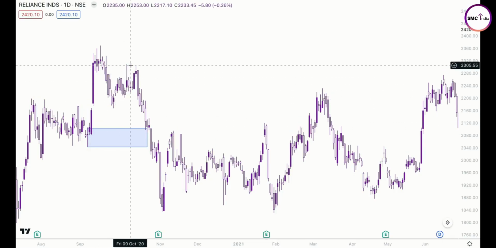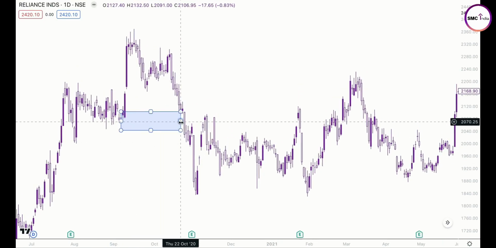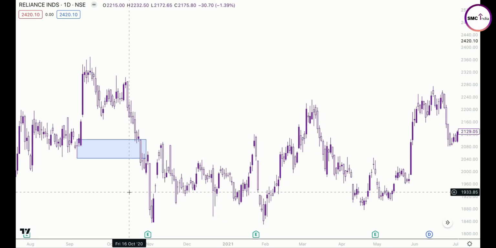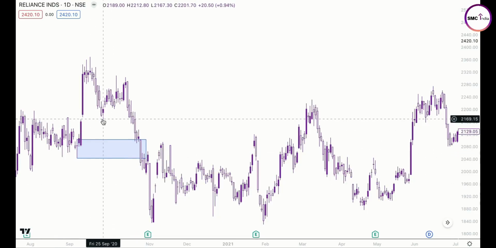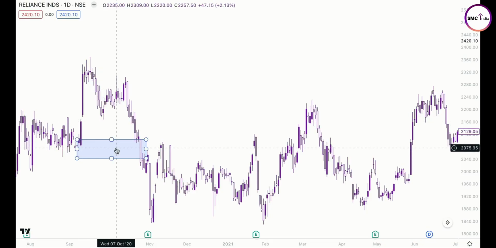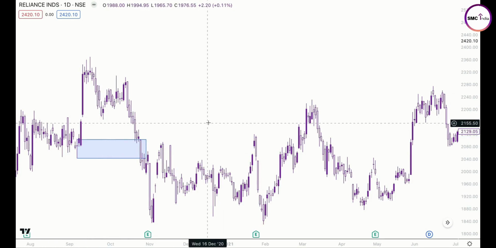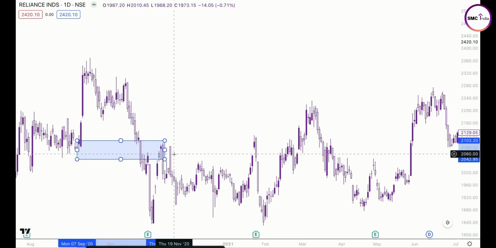And what happens next? It created this high, but it shot down. So here you could see that there is an order block, but I'm going to show you why I would not take this order block. There are imbalances down here. It created this low, but this low did not retrace back to this demand order block. So this will act as a liquidity, that is inducement. And what happened next is that the price shot up and got down again.